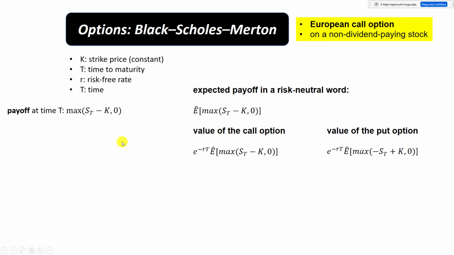However, let's move towards options. It's again for a European call option, and the stock is a non-dividend paying stock, so we don't have to deal with dividends. It's funny because European call options we can calculate easily, but American call options are way more of a nightmare.